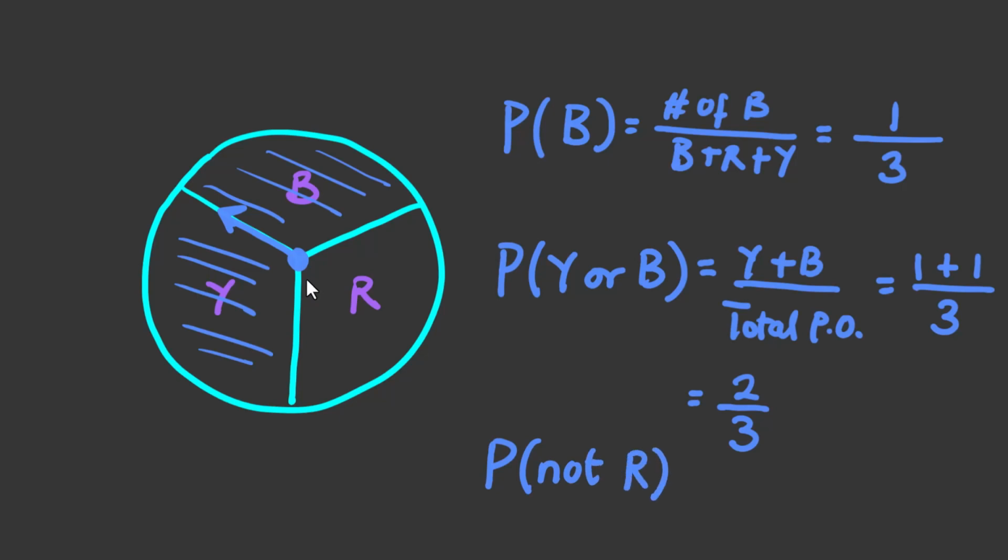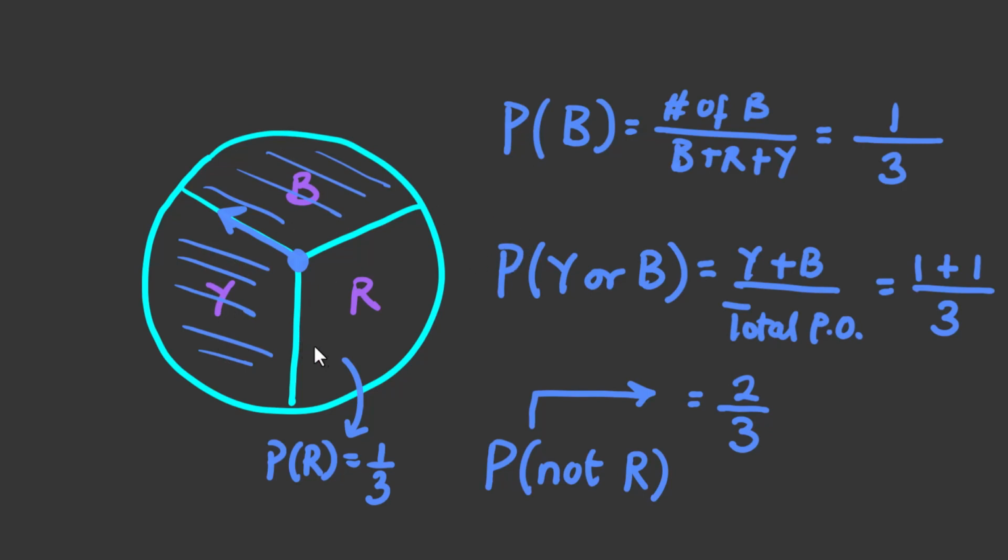This is exactly the same result as getting a yellow or blue, because not getting a red means that the probability of getting a red, which is 1/3, is taken away from the whole, which is 3/3, and that means we get 2/3 that is not red. So that is something to keep in mind.